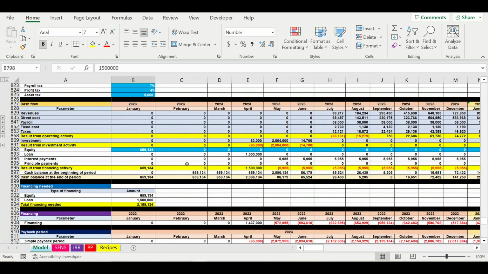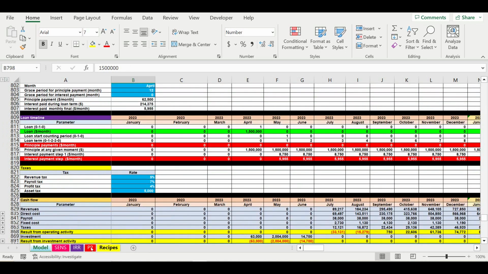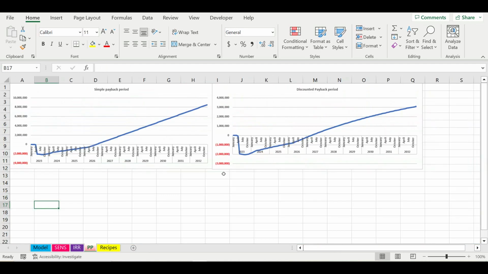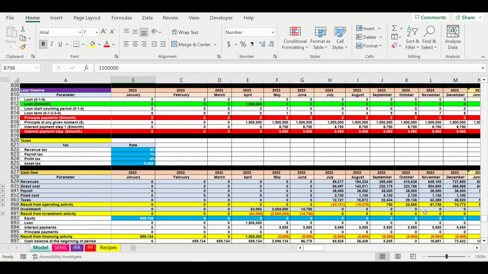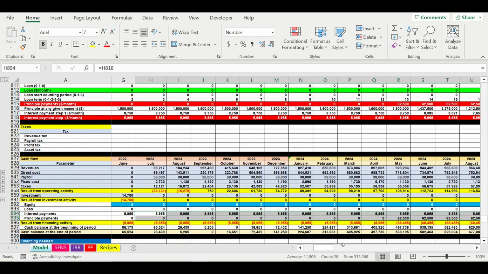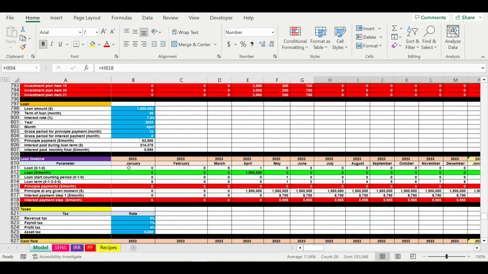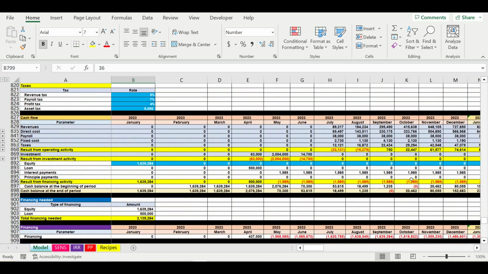And for example, when entrepreneurs see how the loan payments affect simple and discounted payback period, they usually want to decrease the amount of loan. And they want to see what will be the profitability.